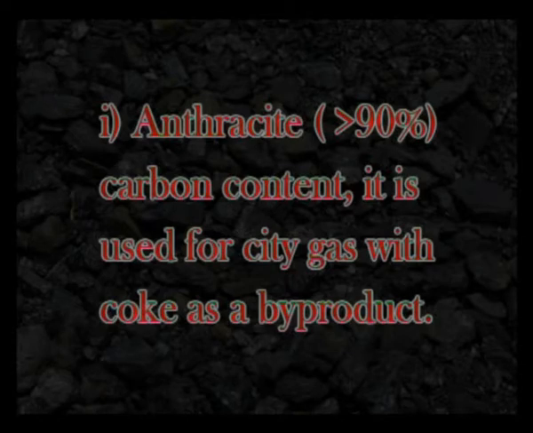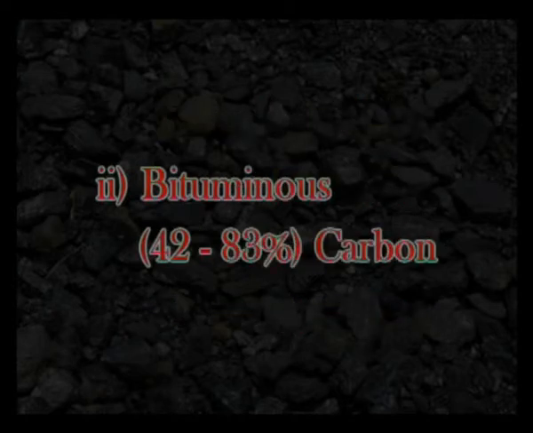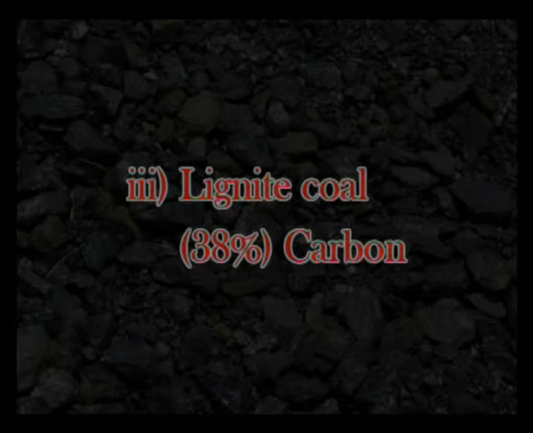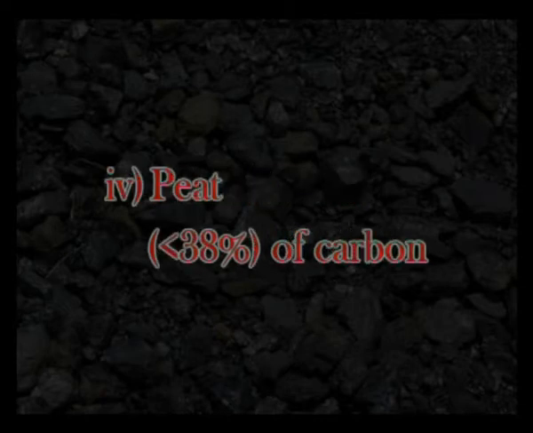It is used for city gas with coke as a byproduct. Bituminous coal 42 to 83% carbon. Lignite coal contains 38% carbon and peat is less than 38% carbon content. USA, Canada, Europe, China, Japan, India, Pakistan, South Africa, Australia, Brazil are the chief producers.